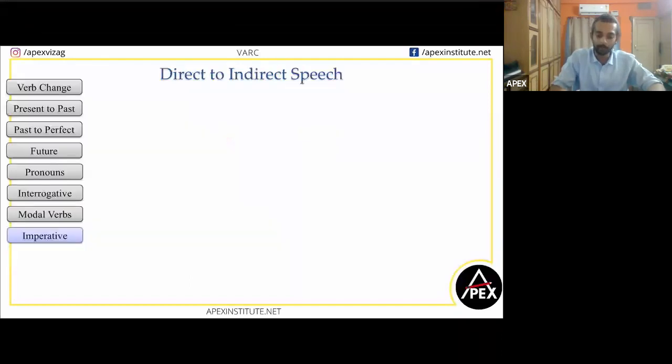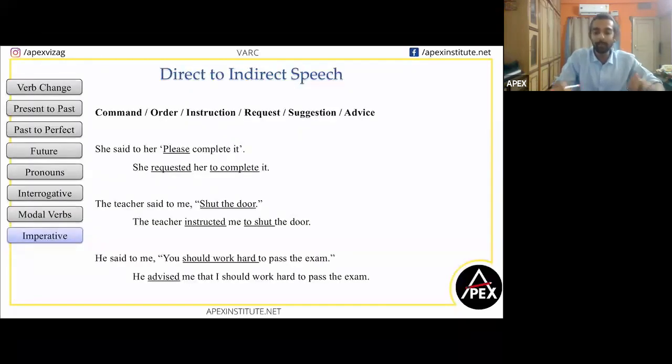All right. Let's go to imperative. Imperative sentences, remember, are always commands or orders, that means an order or a request. So see, she said to her, please complete it.